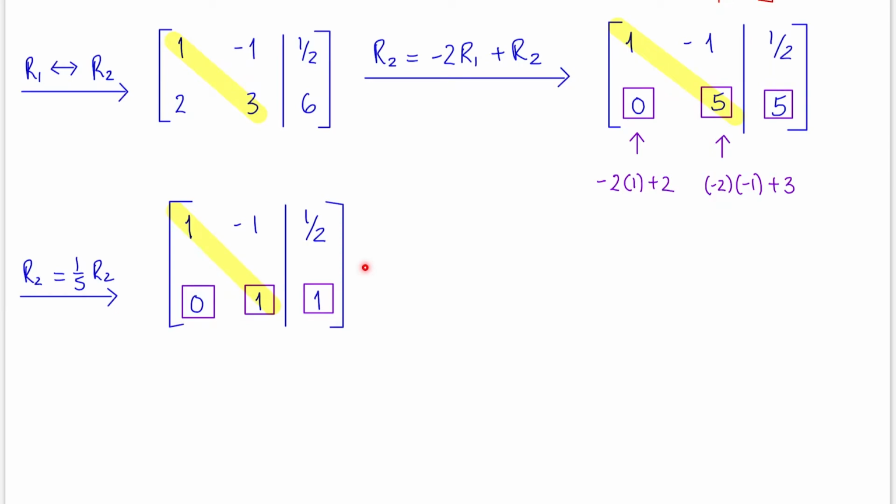This matrix is in echelon form because the elements in the diagonal are 1 and the element below the diagonal is 0. So I will stop right here and write it back into equation form. I have 1x minus 1y equals 1/2, and 0x plus 1y equals 1.